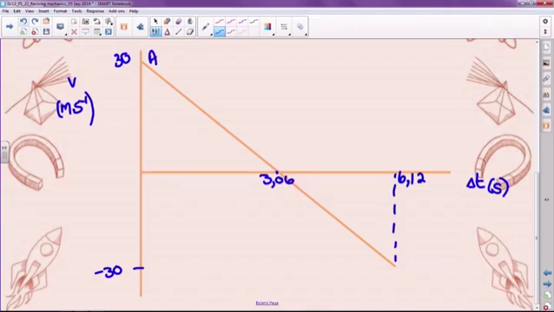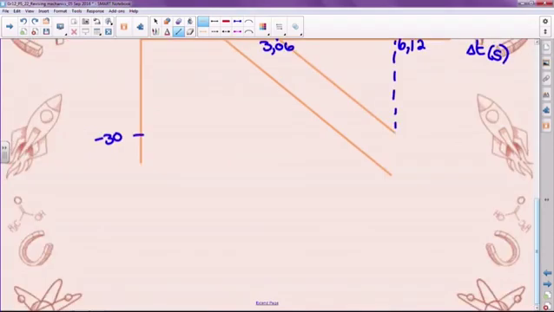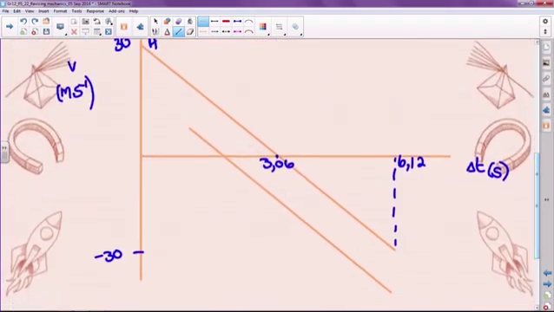Fine, we're happy. Ball B. Now, ball B starts 2 seconds later, and hits the ground at the same time. What's important about this ball B? Ball B is going to start 2 seconds later, and I'm hoping you can see on your screens that the line for B must be parallel to the line for A. They experience exactly the same acceleration.